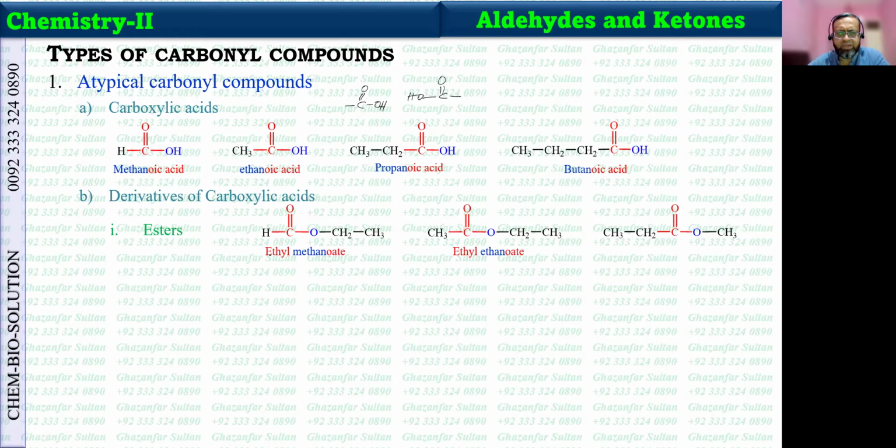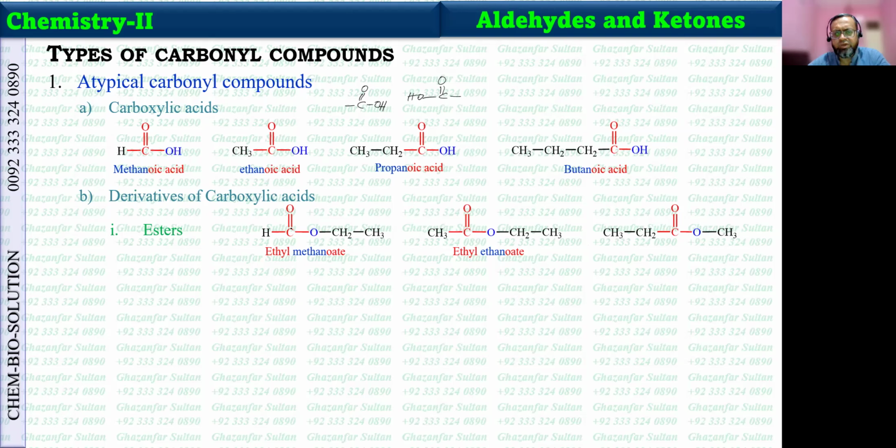As I have mentioned in other videos, when we write the IUPAC name of an ester, the ethyl has a gap from the main name of the structure, because it shows that this ethyl is not bonded to the carbon of the basic chain of the organic compound.